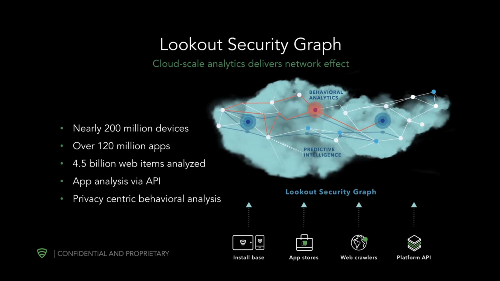So you can get a feeling for how incredibly big our data set is. We don't have just the 200 million devices on the globe. We have also analyzed 120 million applications around the globe.